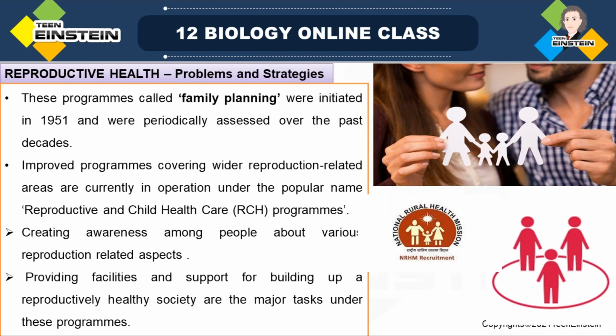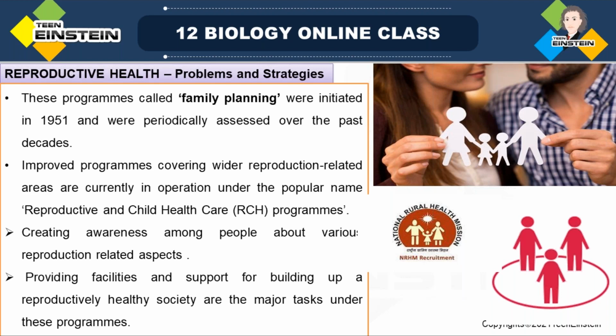So all these programs for reproductive health are together called family planning. And in India, the family planning program was initiated during 1951, and still we are assessing the programs.